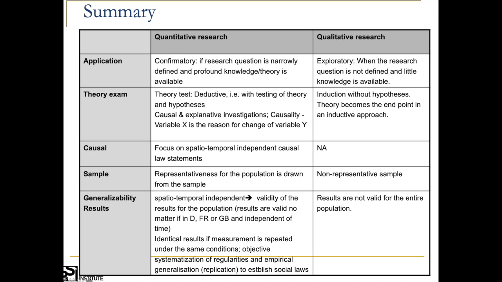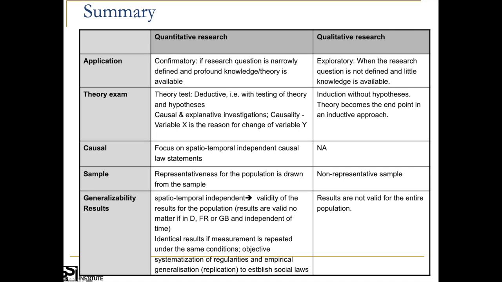It's a deductive approach with testing of theory and hypotheses. It's a causal, explanatory approach with investigation that tests causality between variable x, which is the reason for the change of variable y. Whereas for qualitative research, induction is done without hypothesis. Theory becomes the endpoint in the inductive approach.